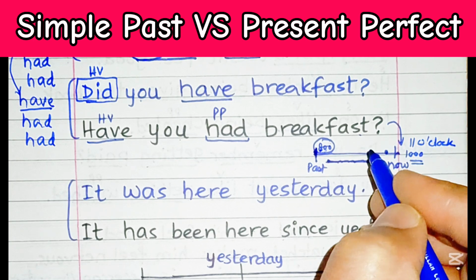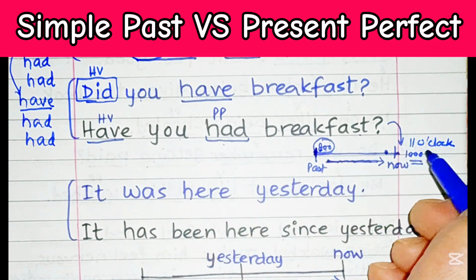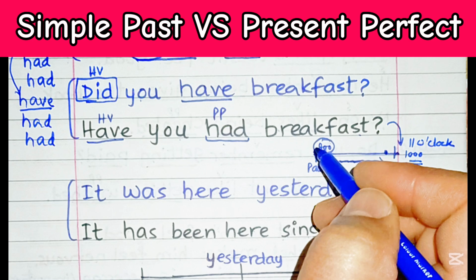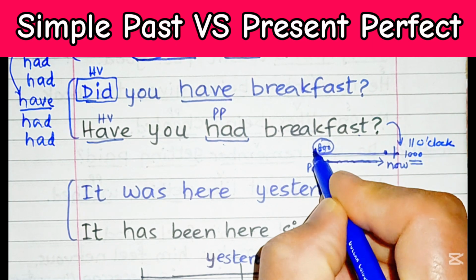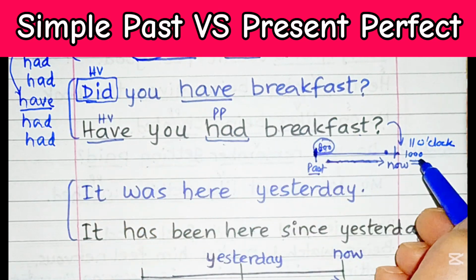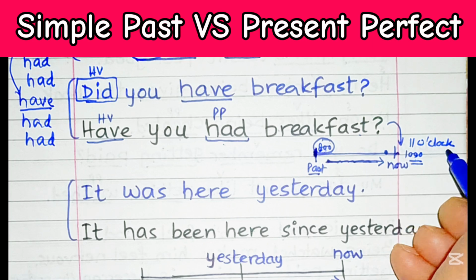So here is the verb be in the simple form over here. So we can easily understand that something that has happened in the past was "did you have breakfast," and then you are asking about this activity right here at 11 o'clock or in the afternoon.